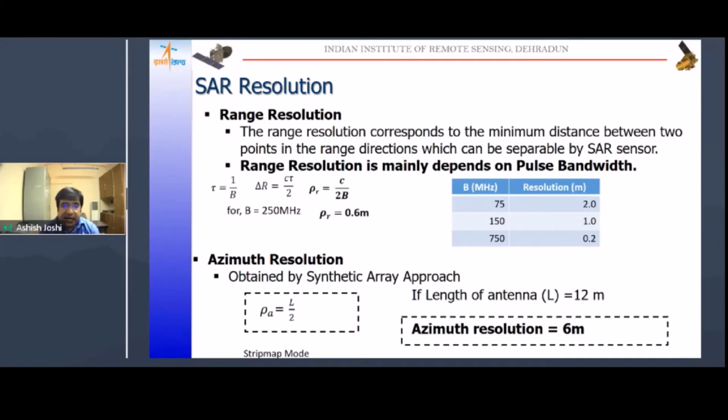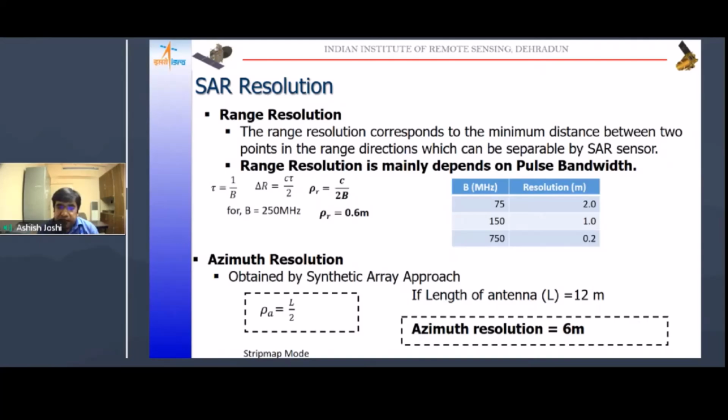The second is the azimuth resolution. This azimuth resolution is obtained by the synthetic array approach. SAR uses the synthetic array approach, which I have explained: with the motion of the SAR sensor, a long antenna is simulated, and this large antenna improves the azimuth resolution.